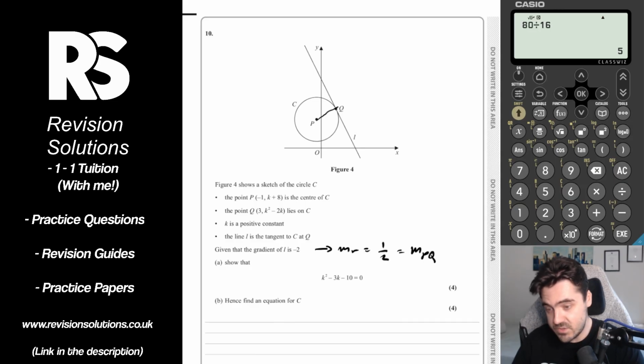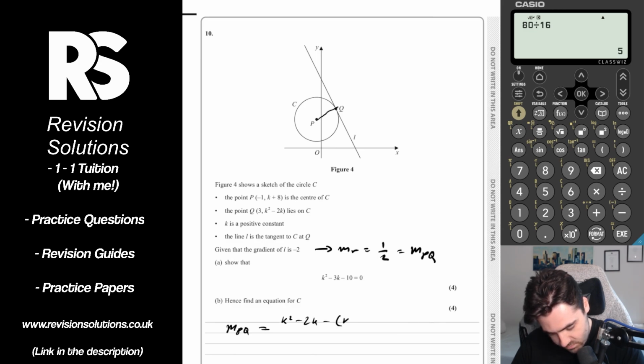So we can use that to generate an equation, because the gradient of PQ would be change in y over the change in x, right? So k squared minus 2k minus all of this, so put it in brackets, k plus 8, all over 3 minus 1.